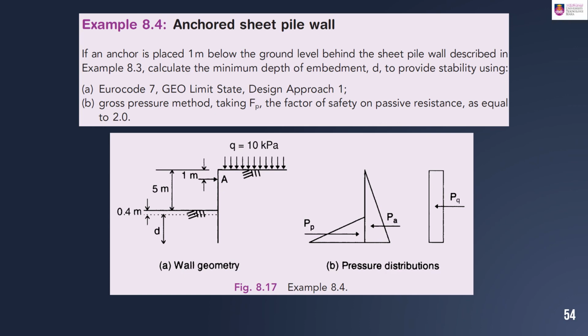This is the problem on the left side, and the right side shows the pressure distributions. We have a surcharge of 10 kPa on the ground surface, and an anchor at point A at a depth of 1 meter from the ground surface.